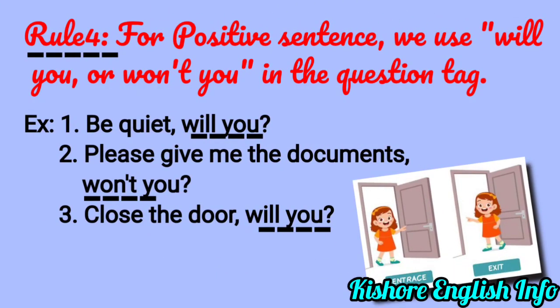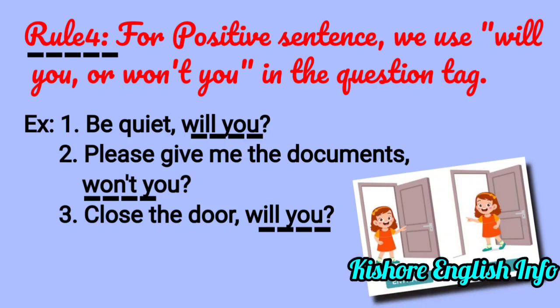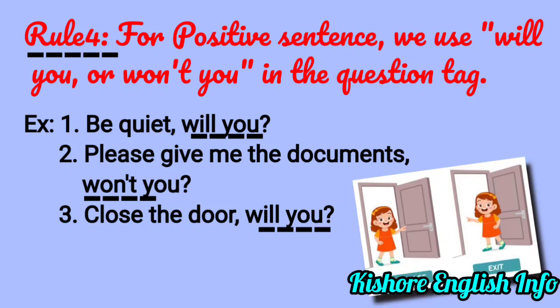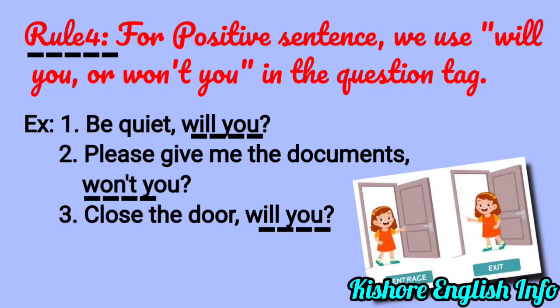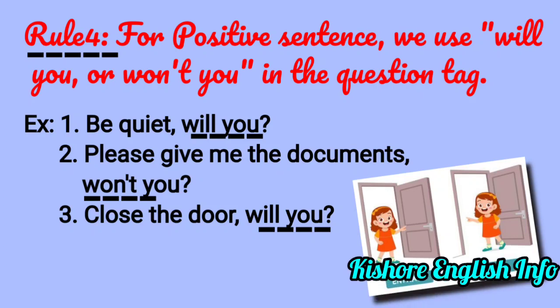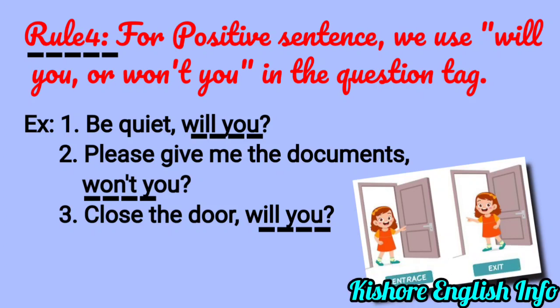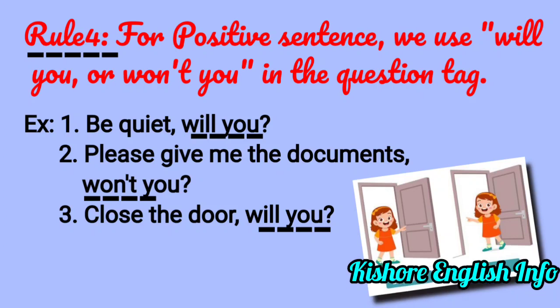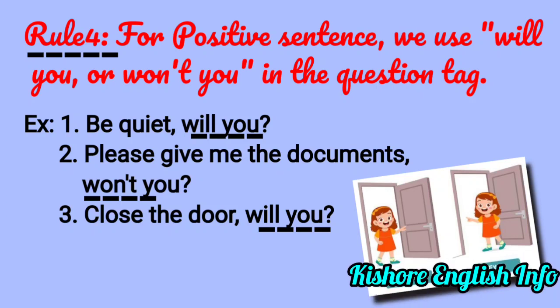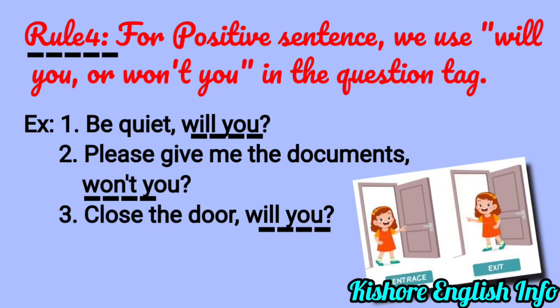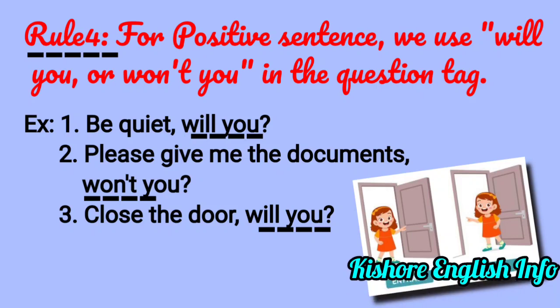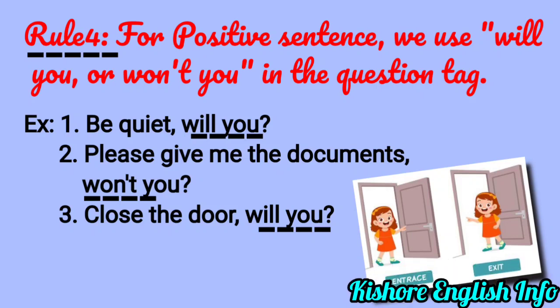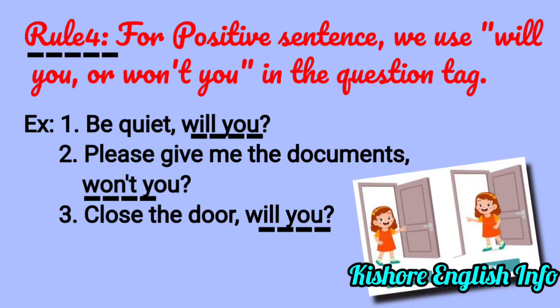Coming to the fourth rule, for a positive imperative sentence, we use will you or won't you in the question tag.